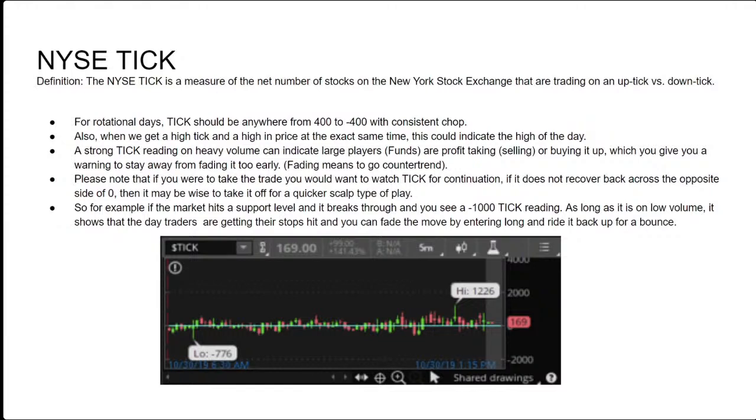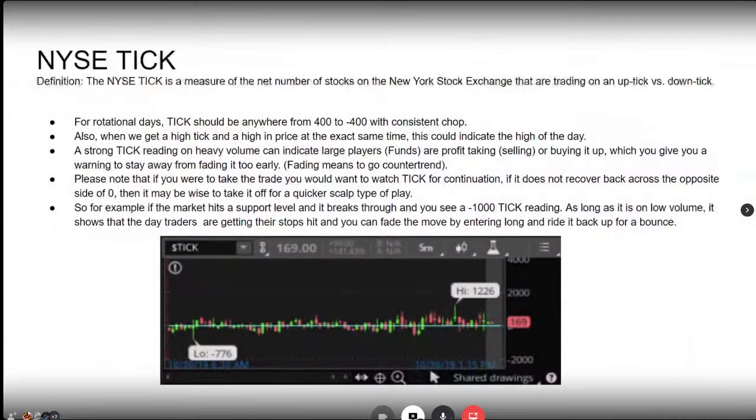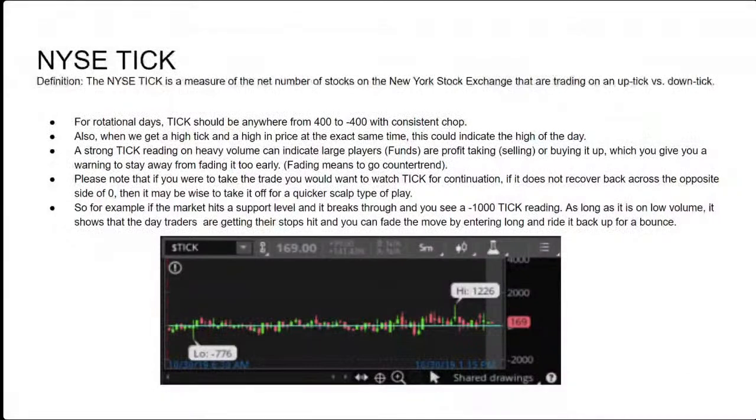For example, if the NYSE Tick is holding above zero and continuing to hold positive, and it is printing significant values, it gives me a bullish bias. Now, if we have extreme values where it'll be printing plus 800, plus 1000, that gives me a very strong bias for a potential uptrend day.